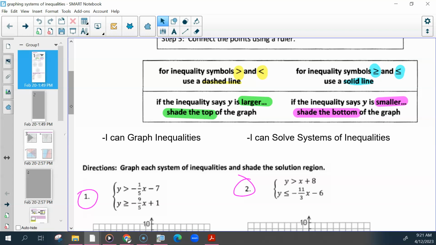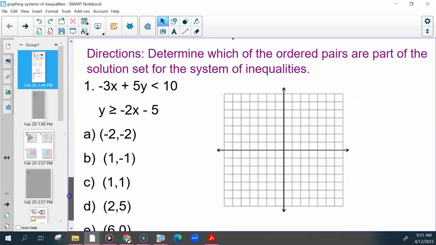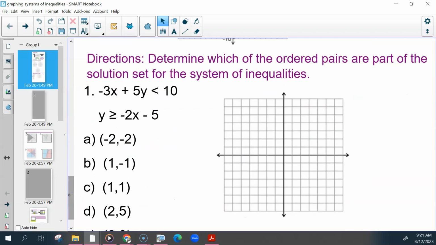But we're going to be doing two of them at the same time. So we're going to do the one at the very bottom. The order doesn't matter. You'll eventually need to solve this one and graph it, and then graph this one. Whether you graph this one and then solve and graph, or solve and graph first, doesn't matter.